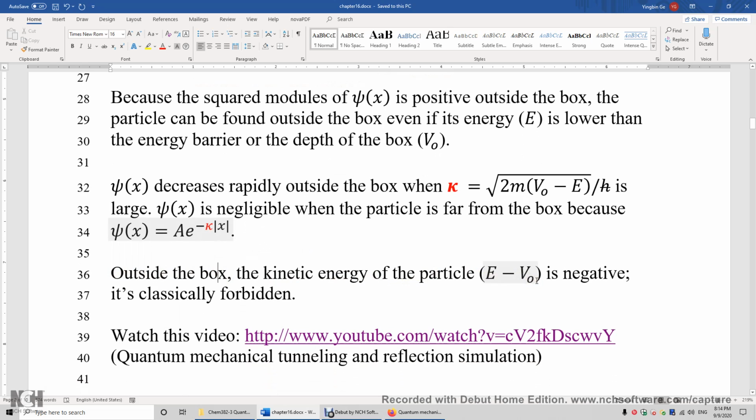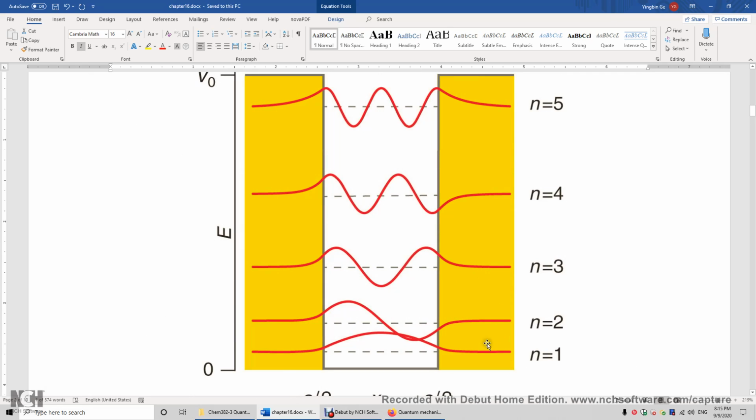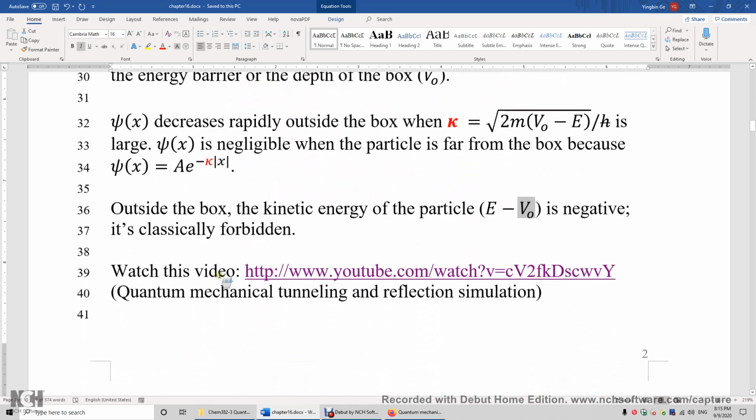Again, we are looking at the cases in which E is smaller than V0. Therefore, outside the box, the kinetic energy is negative. This is called the classically forbidden region, over here and over here. And yet, the particle may appear in these classically forbidden regions.